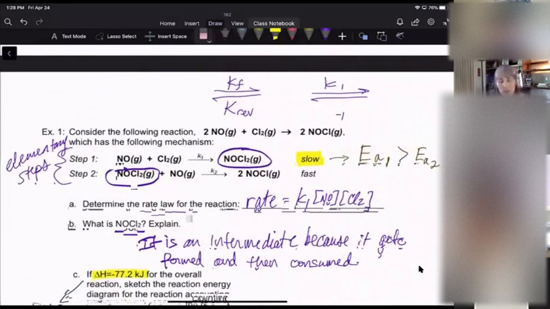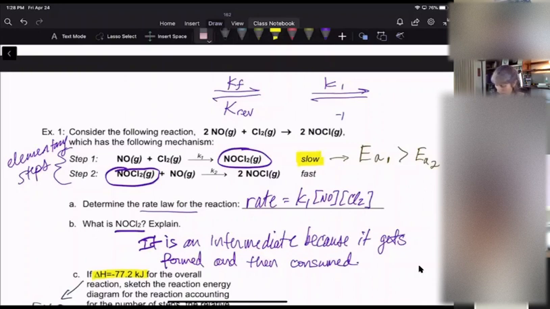Now we're looking at the NO plus Cl2. And so it's not squared in that case because our rate law is going to be determined by only the slow step. So we do have this other NO, but we can't measure that because it's in a fast step after the slow step.